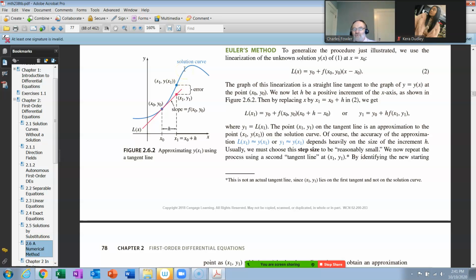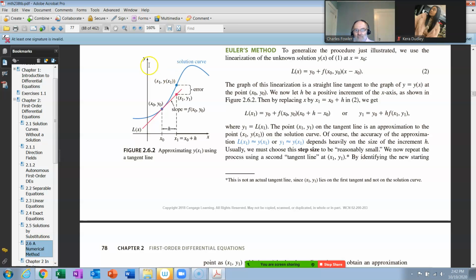But you'll get there closer than if you take big h's. Even though it won't take as long to get there, you then have bigger errors. So that's the exchange, the payoff. The point x1, y1 on the tangent line is approximately, so I think we got all that.